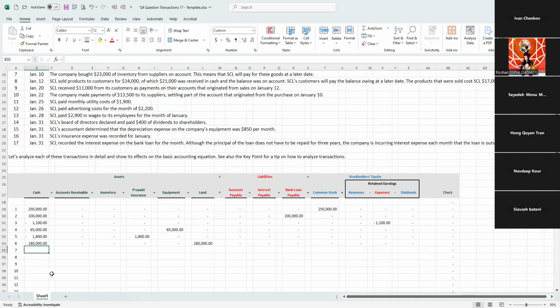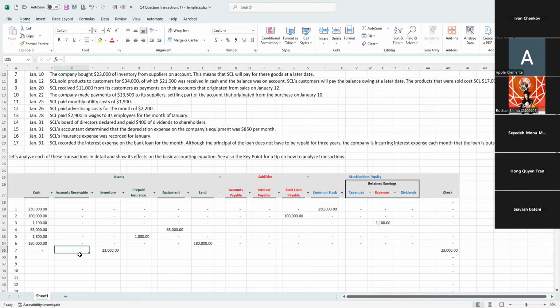So let's say, what did we get? We get inventory, right? How much inventory did we get? Here, number 7. $23,000. So we get $23,000 of inventory. Did we pay cash? No. Then how did we get it?